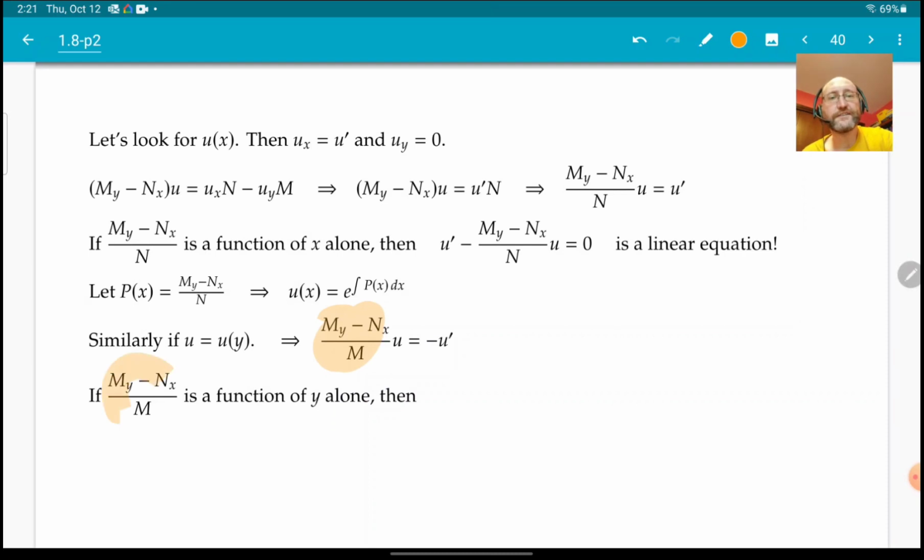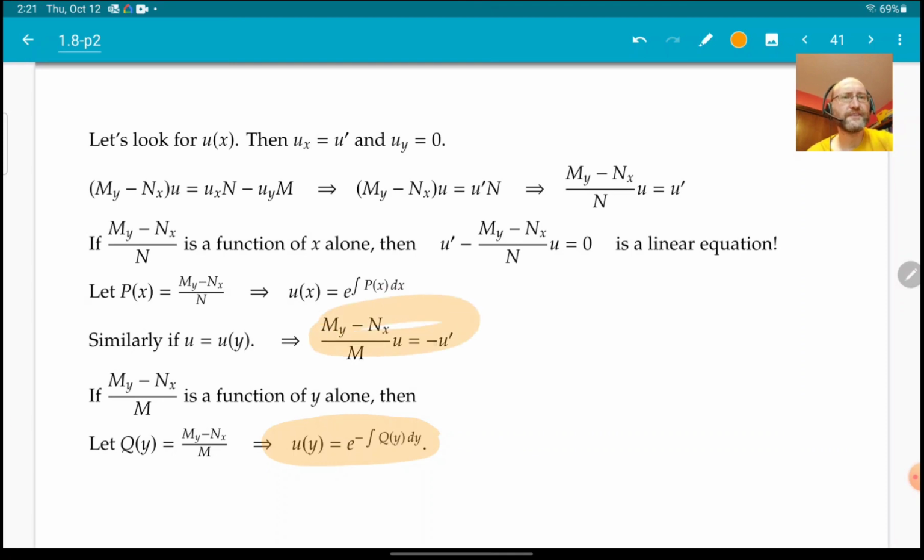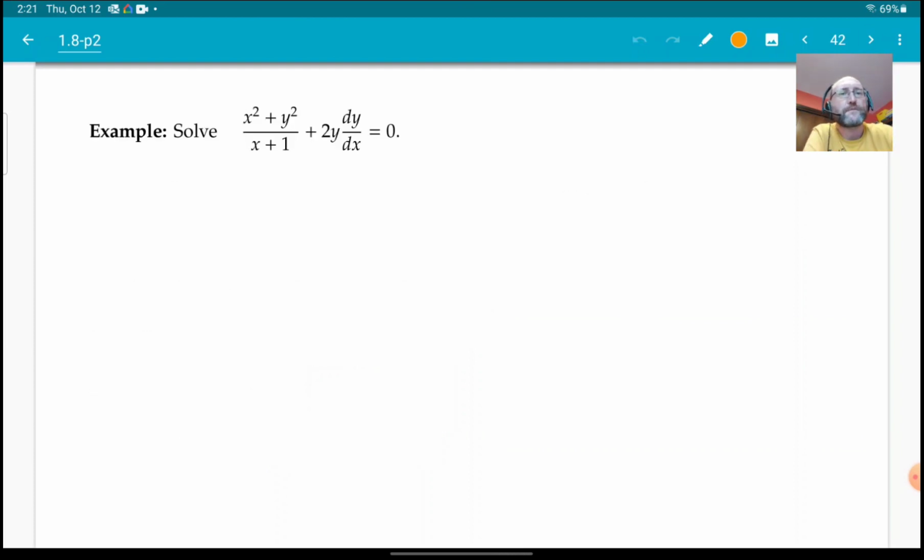So as long as this thing, which is almost like this, but with an m here, is a function of y alone, then again we solve this equation. There's that minus, so that's why there's a minus here. So that's just solving this linear equation, right? Which we know how to do.